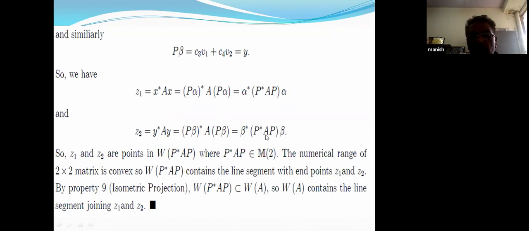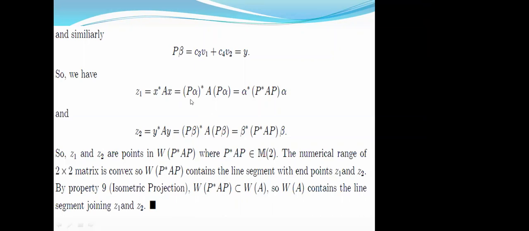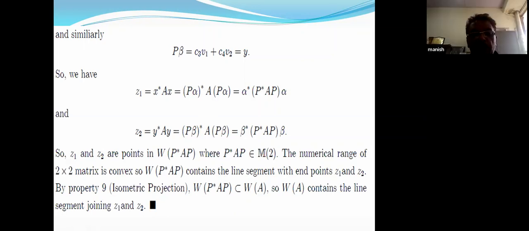And we have shown that the numerical range of a 2 by 2 matrix is a convex set. So Z1 and Z2 belong to the numerical range of the 2 by 2 matrix P star AP, and also alpha and beta are unit vectors. So the line segment joining these two, since the numerical range of P star AP is a convex set, is in the numerical range of P star AP. But the numerical range of P star AP is contained in the numerical range of A by the isometric projection property.